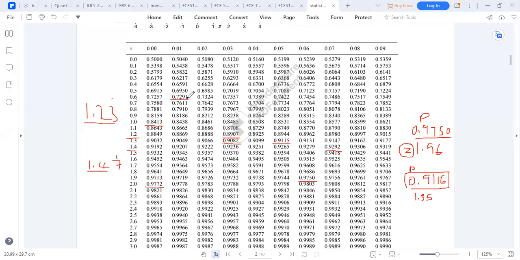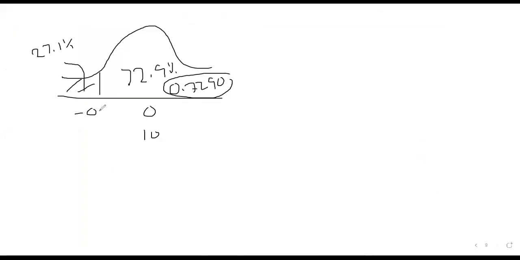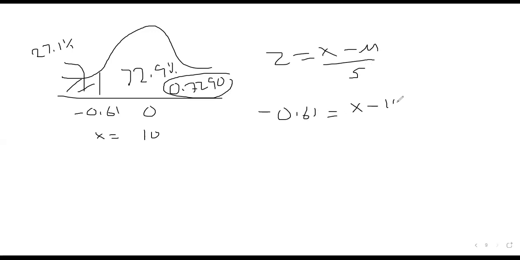So what's the Z for this one? 0.61. So since it's on the negative side, we're going to say this is negative 0.61. We're looking for the X because it's on the left side. So Z can be negative, but probability can never be negative. So here we're going to get negative 0.61 is equal to X minus 10 over standard deviation, which we have 3.